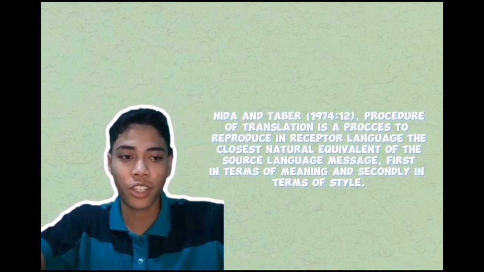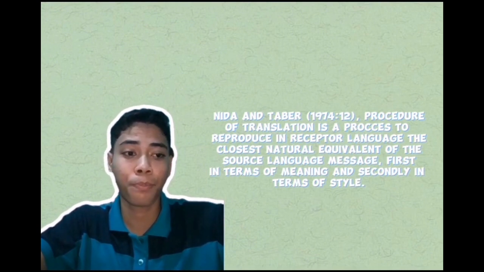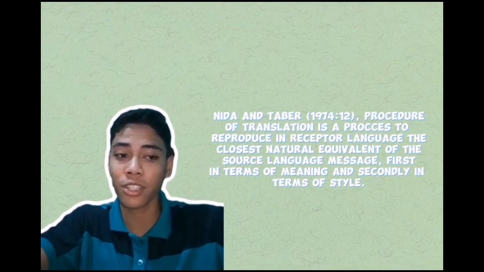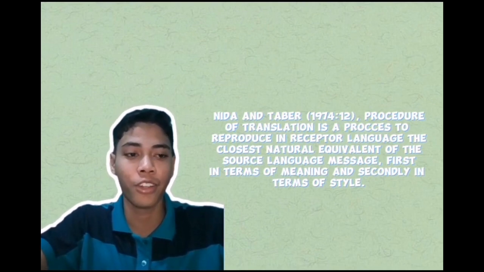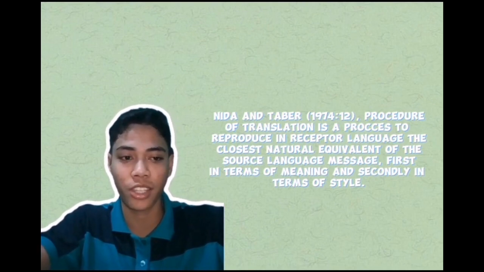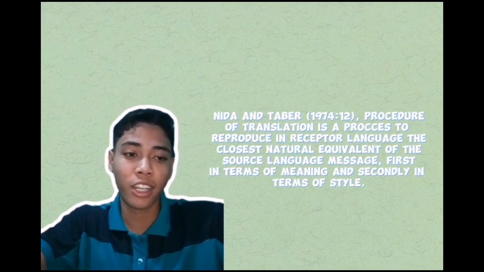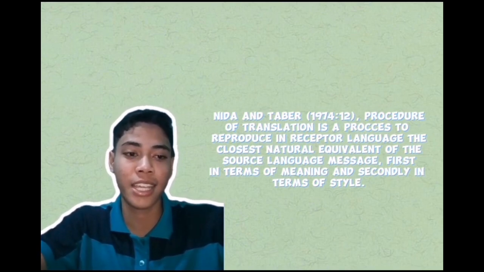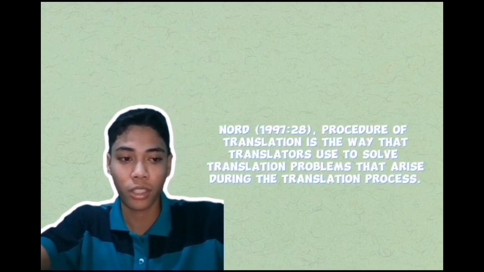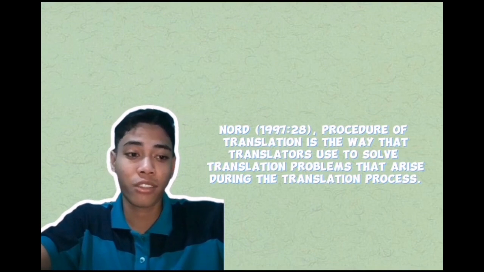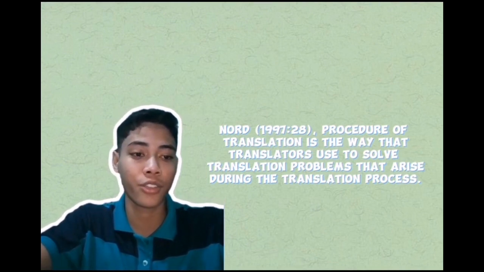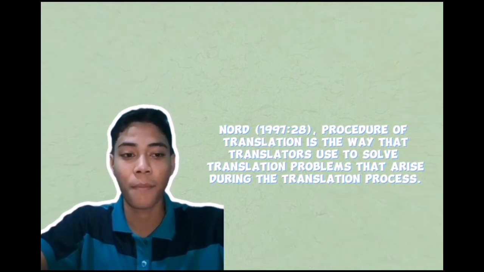Procedure of translation is a process to reproduce in the receptor language the closest natural equivalent of the source language message, first in terms of meaning and secondly in terms of style. And the third one, North. Procedure of translation is the way that translators use to solve translation problems that arise during the translation process.